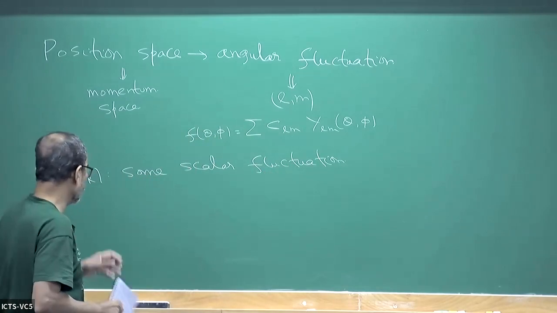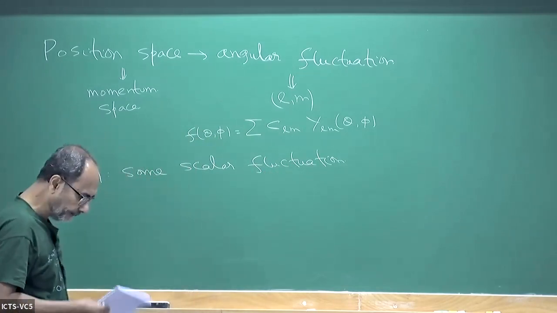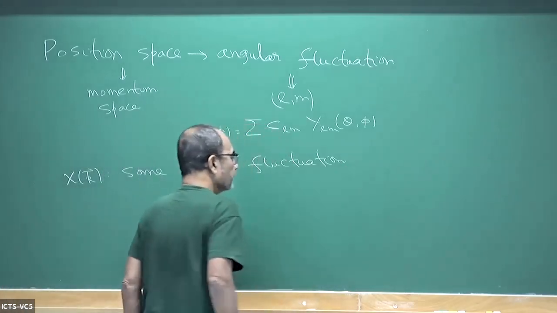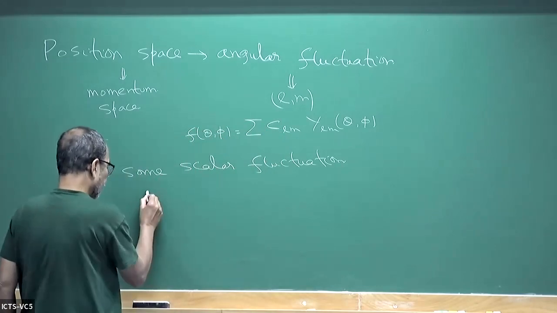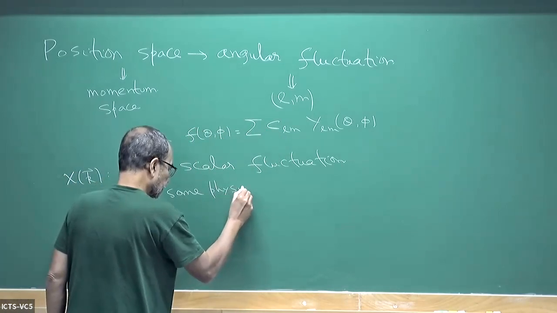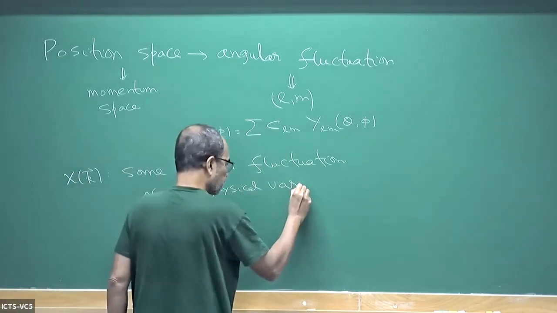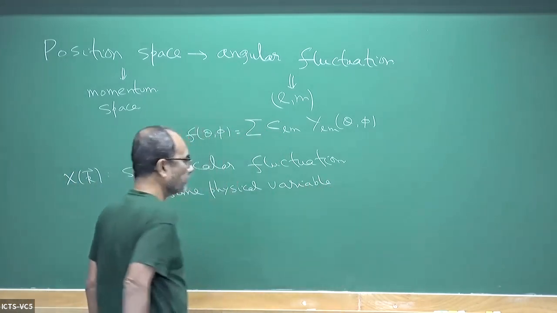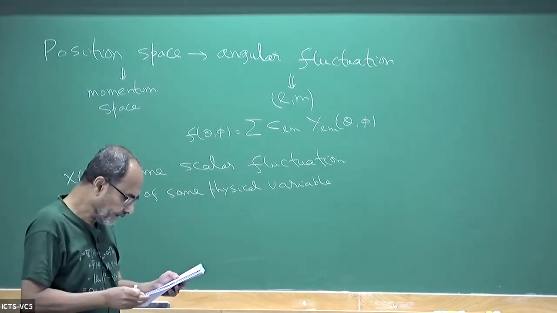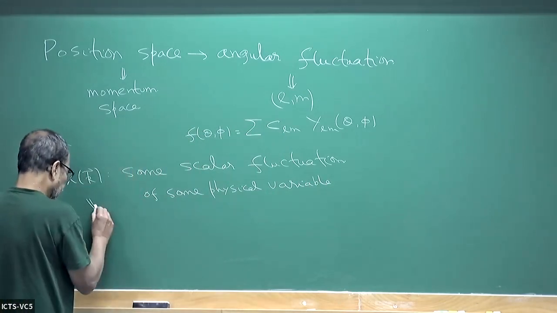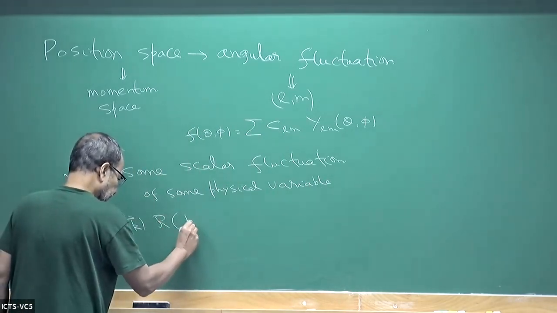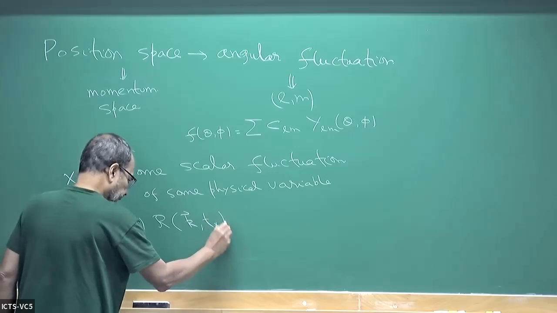Right now, let's suppose that you have some scalar fluctuation chi of k of some physical variable, which could be like delta T over T. Whatever it is, we know that this can be written as some function of k times r of k at t star.